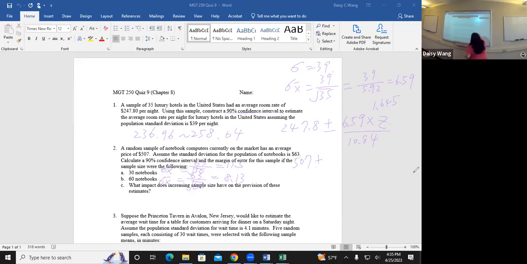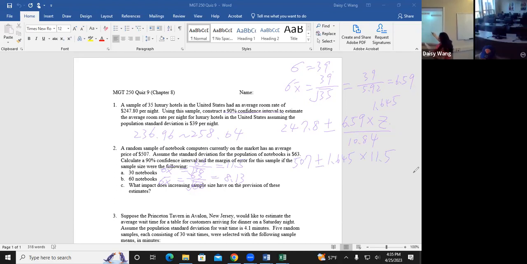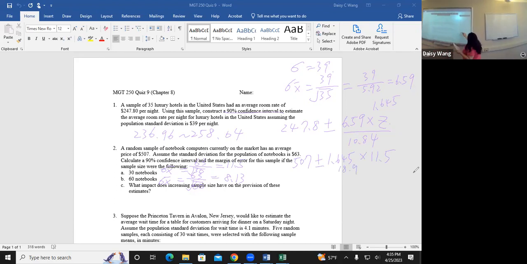Okay, so A will be 507 plus minus 1.645 times 11.5. Right? So this part is 18.92.